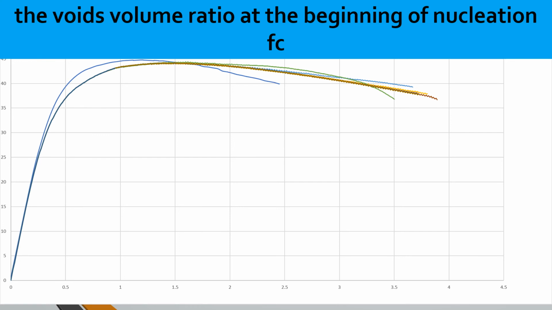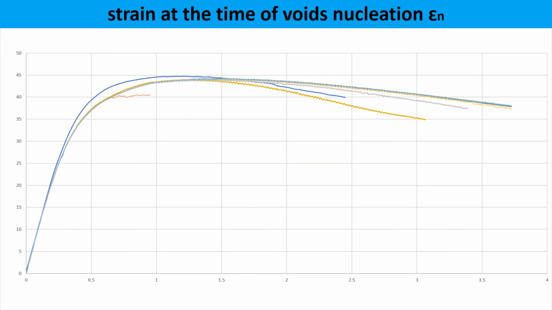So as you can see, when we change the geometry, new parameters appear which are also very sensitive to small changes. In the case of CT, we have the same parameter, the strain at the time of void nucleation, which is the most sensitive parameter in both cases, NT and CT.